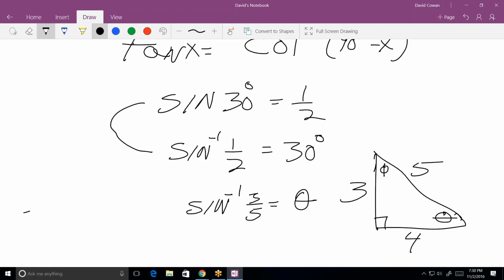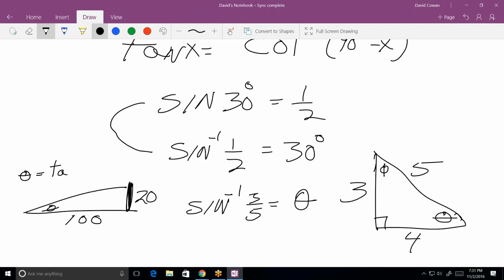If I'm looking at a mountain range, and I know the mountain is 20 high, and it's 100 away, I can figure out that angle. That's the inverse tangent of 20 divided by 100. Over here, theta is equal to the inverse tangent of the opposite over the adjacent.